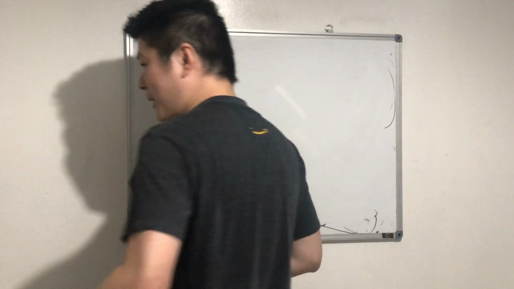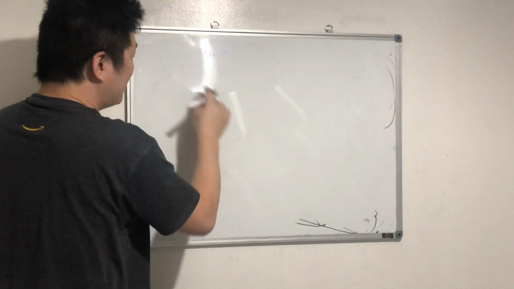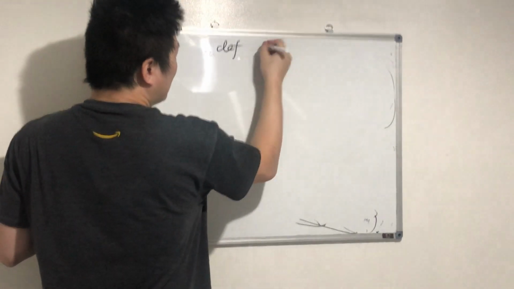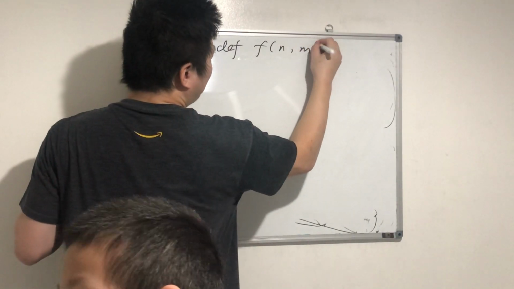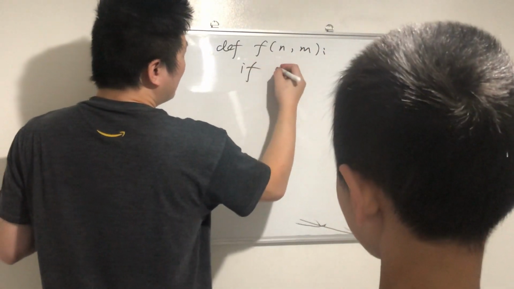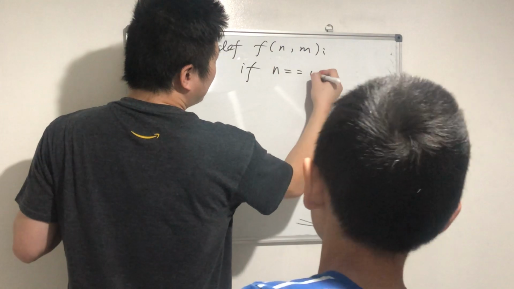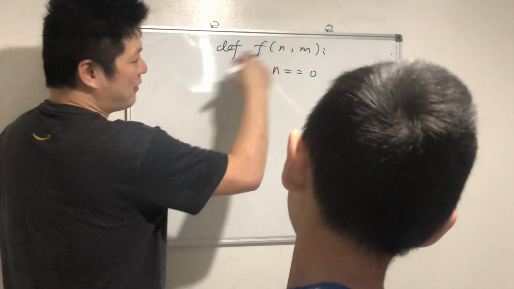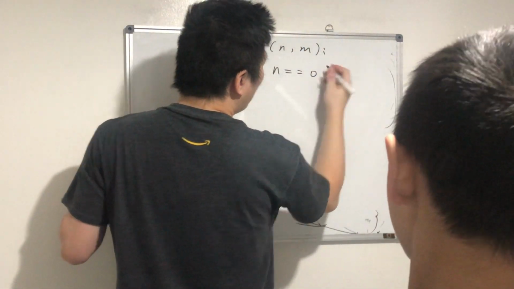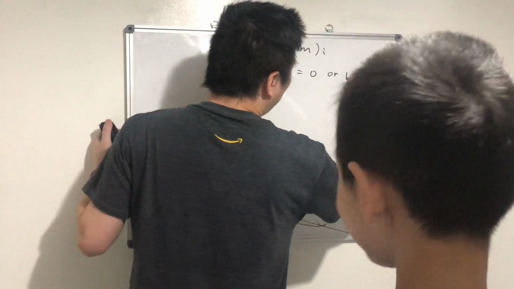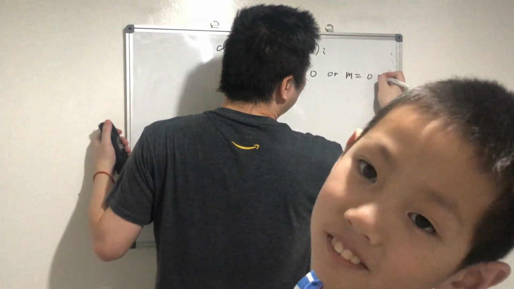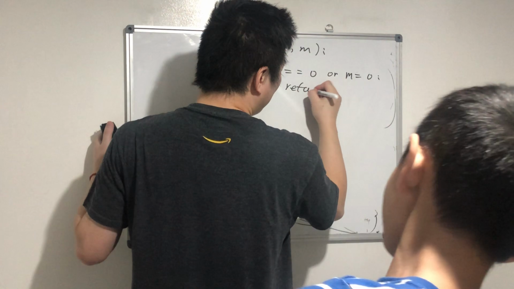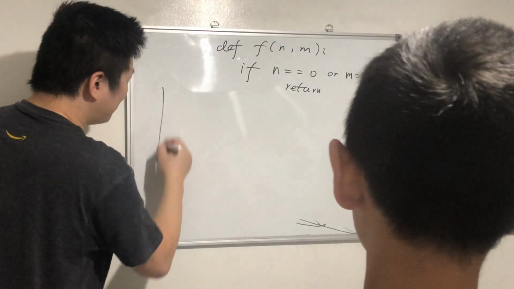So here again, pay attention, come on, it's very important here. Look, define f(n, m), okay? So if n equals 0, the first column, return what? How many ways can you do it?